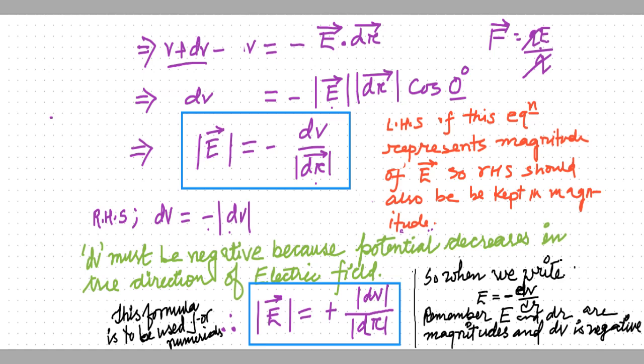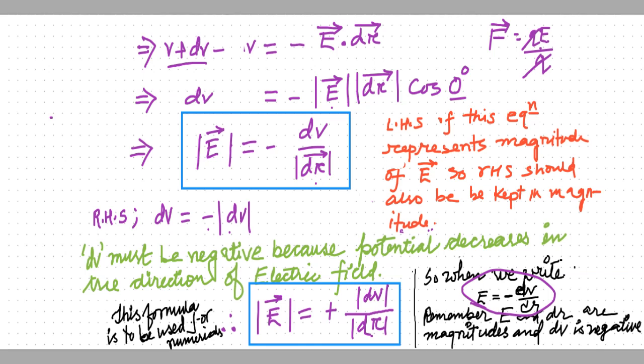So magnitude of E is equal to magnitude of dV by magnitude of dr. So this is basically a magnitude relation, E equals dV by dr. So when we write E equal to minus dV by dr, you have to remember that E and dr are in magnitude already, but dV is negative. So ultimately E is equal to plus dV by dr if you want to find the magnitude.